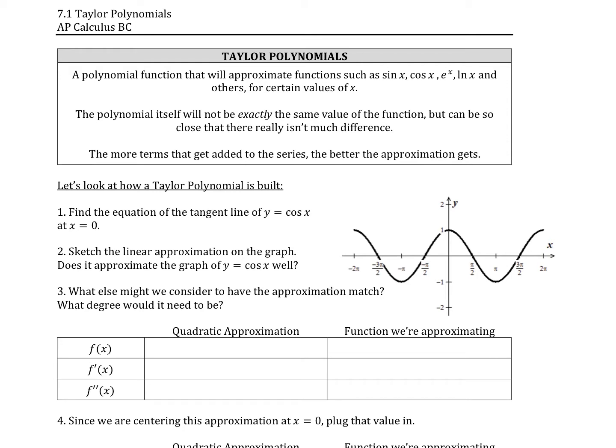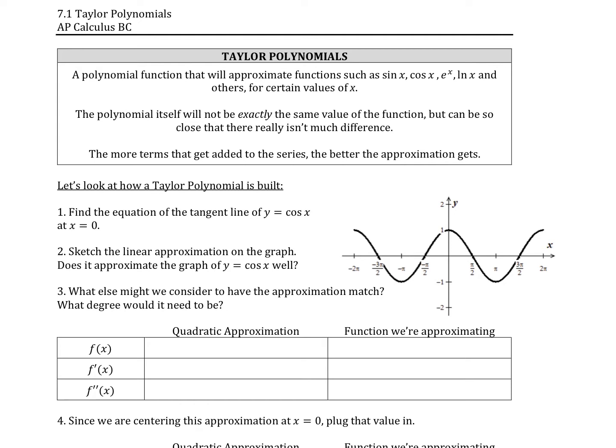So a Taylor polynomial is a polynomial function that we can use to approximate functions that are not polynomials. So functions like sine of x, cosine of x, e to the x, natural log of x, and others for certain values of x.